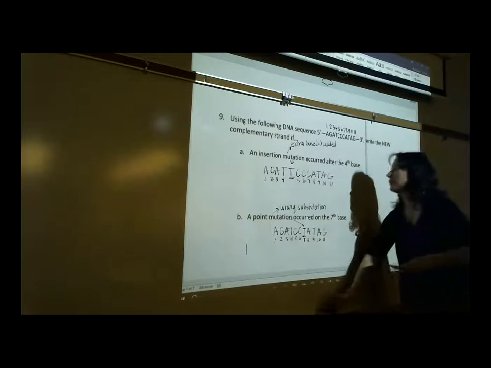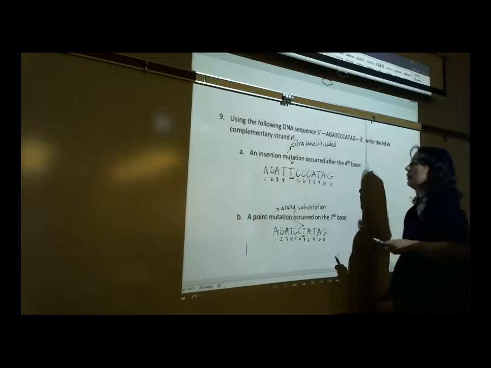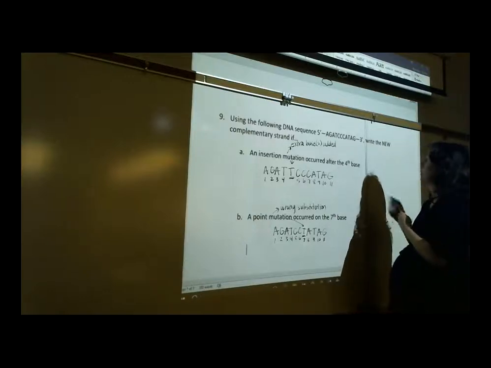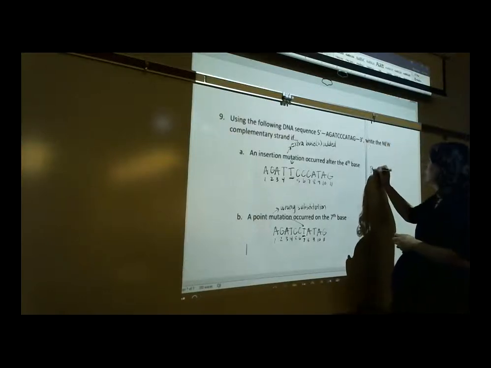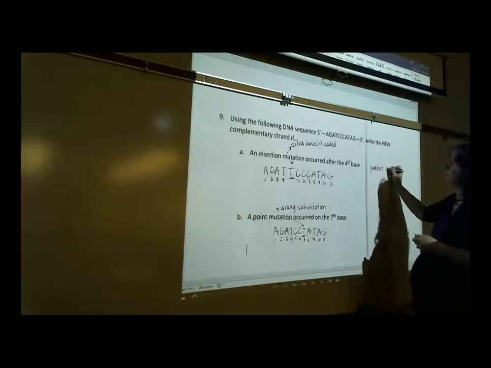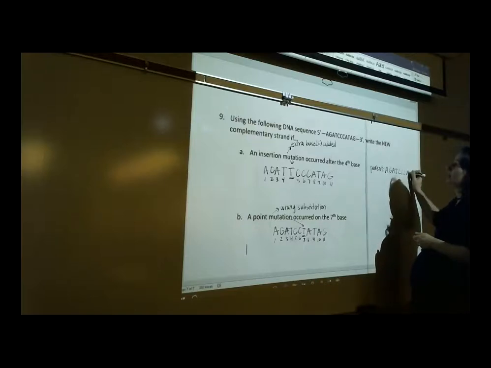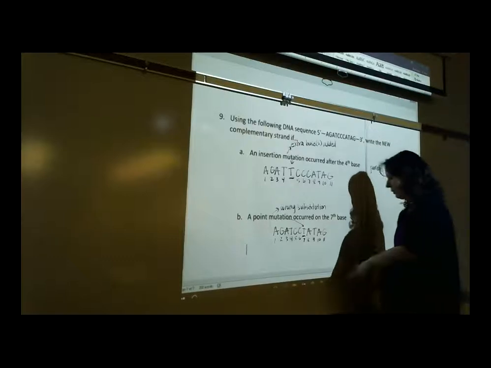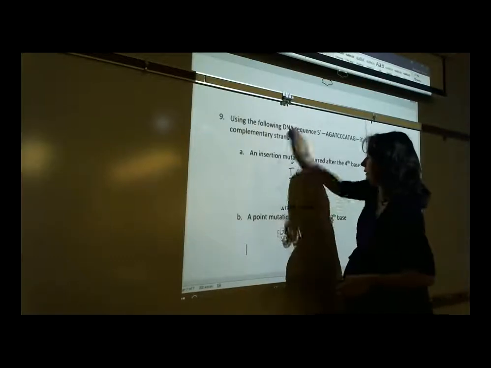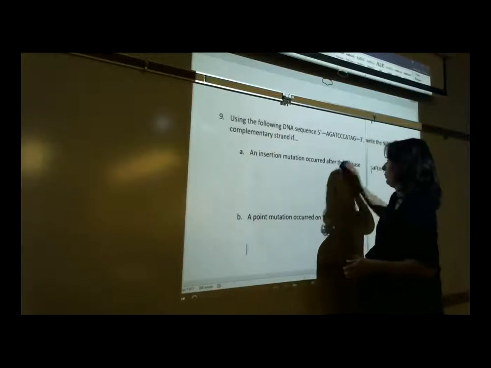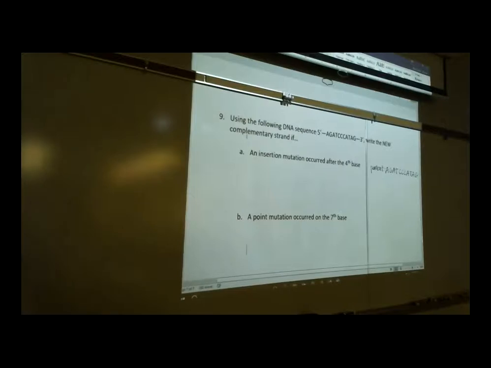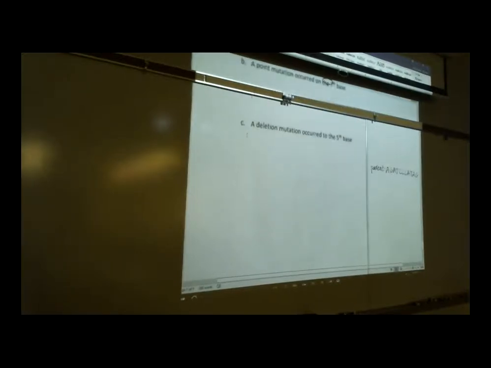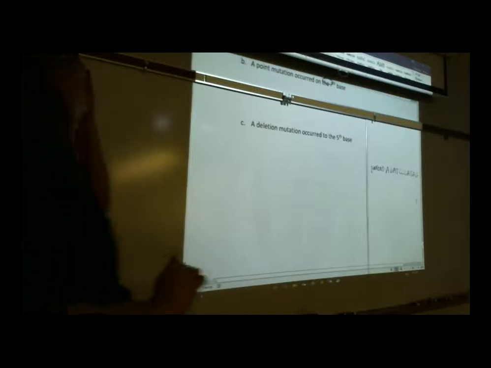And now for the last one, I'm going to recopy the parent DNA. What it should be, A, G, A, T, C, C, C, A, T, A, G. So that when I copy it up, I can see it. A deletion mutation occurred on the 5th base.